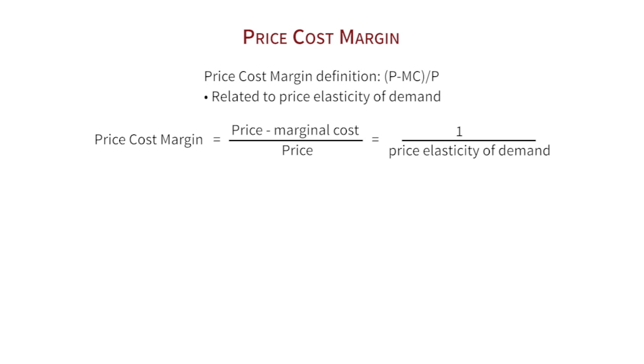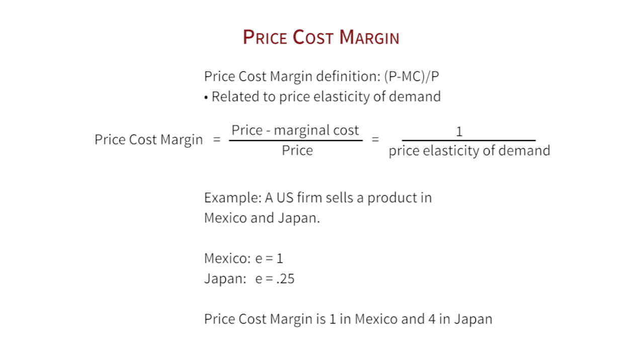So let's consider an example. Suppose there's a U.S. firm which is selling a product in Mexico and Japan. Suppose it's the same product. Suppose it's a drug. And suppose the elasticity of demand is 1 in Mexico and the elasticity of demand is 0.25 in Japan. So in this example, the Mexican consumer is more price sensitive, more sensitive to prices changing.